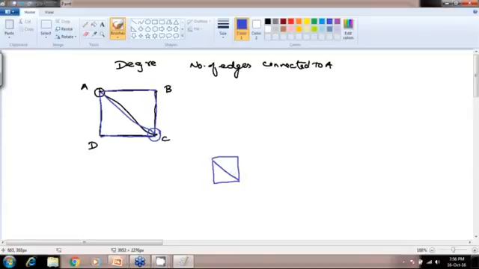So that means if a postman is traveling, he can travel through all the edges without going back. So here this is one way of constructing.